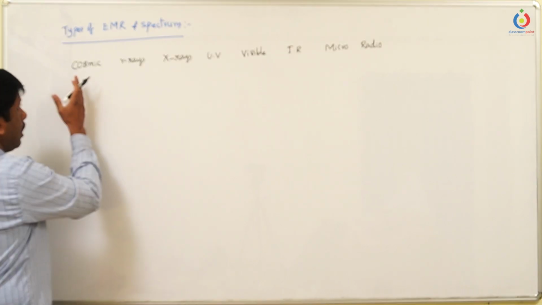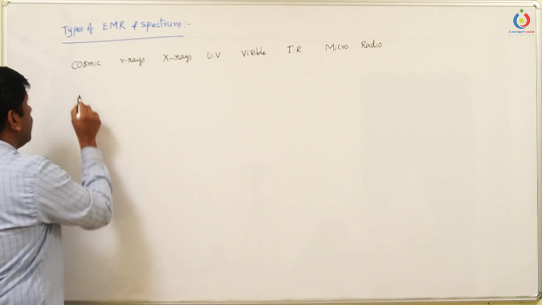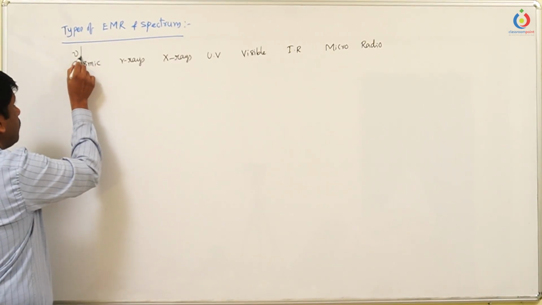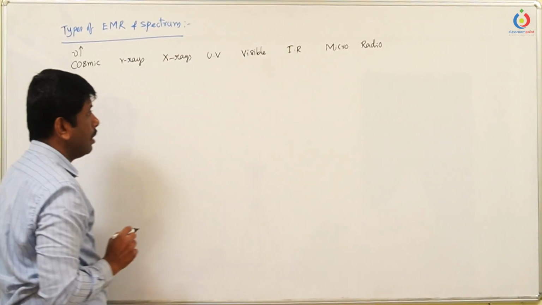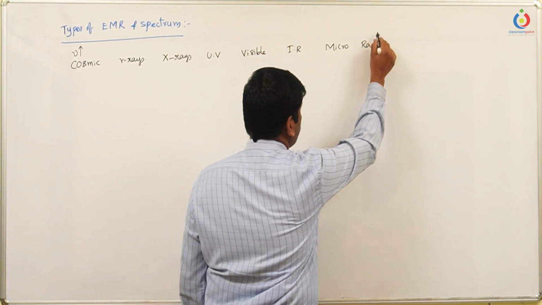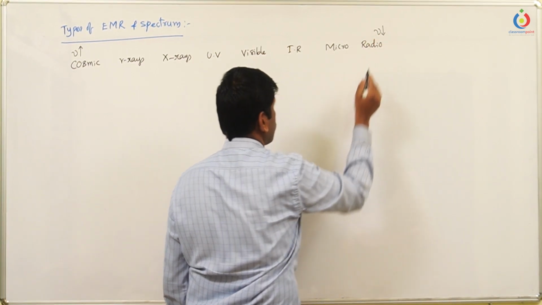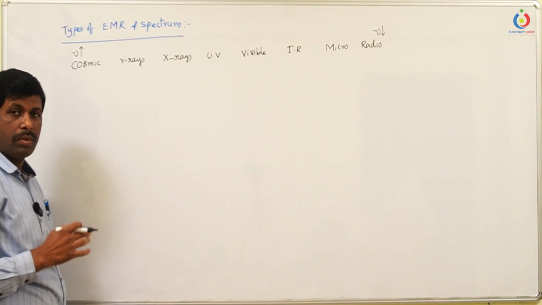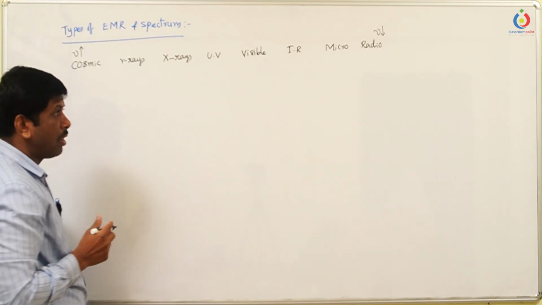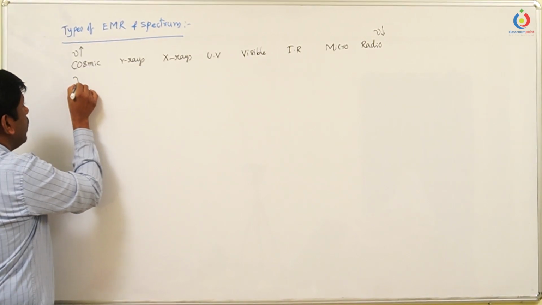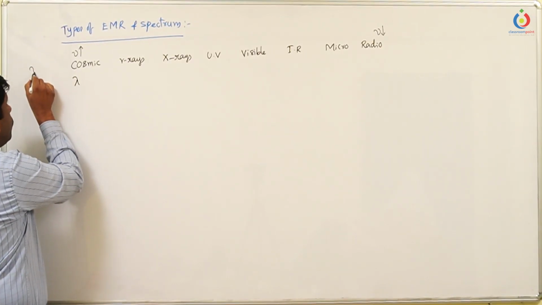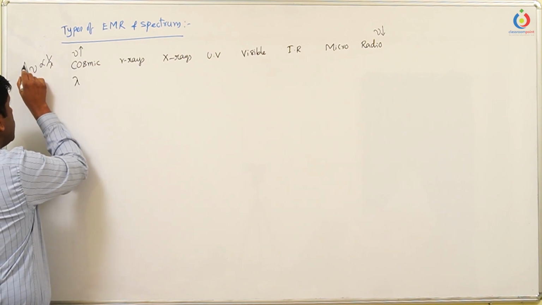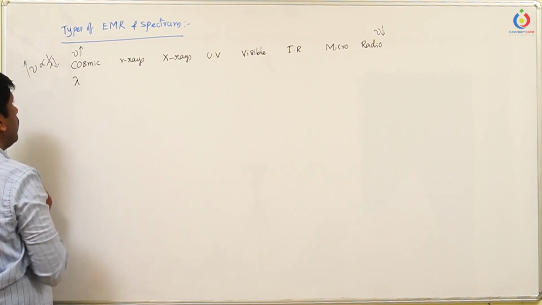These radiations are arranged in the decreasing order of their frequency. That means the cosmic rays' frequency is very high, whereas for radio waves, frequency is very low. Or else we can take the increasing order of their wavelength. You know that nu is inversely proportional to lambda, so if frequency is high, automatically wavelength is very small.